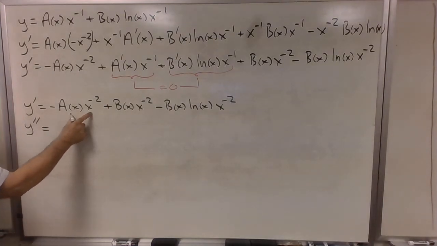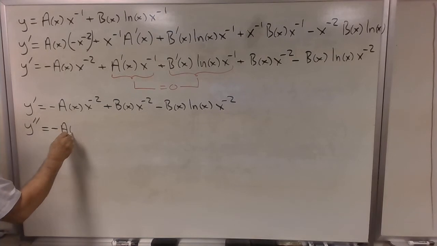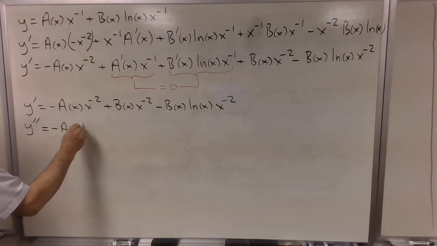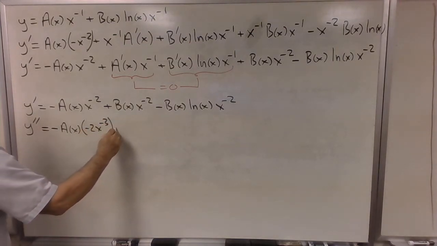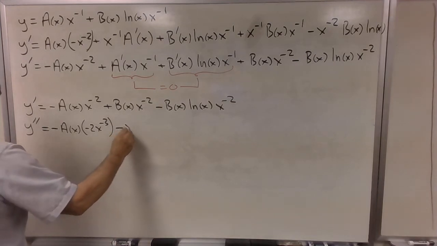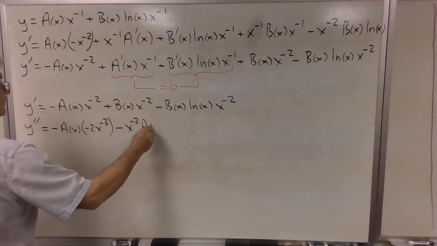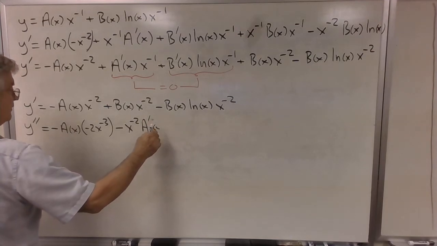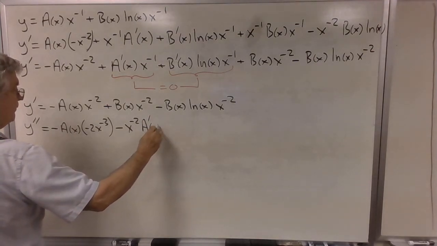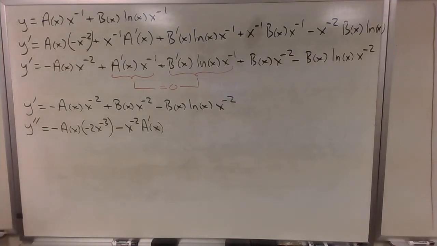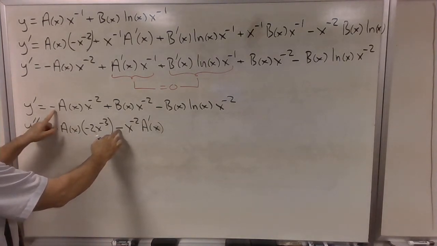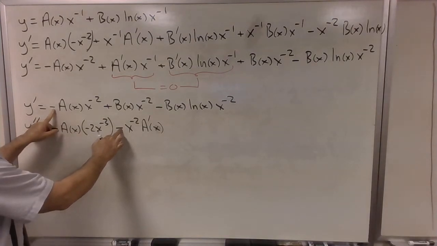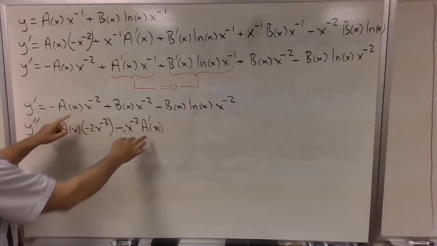So, we got a product here, so we'll have first times derivative of the second, plus the second times the derivative of the first. So first times derivative of the second, minus the second times derivative of the first.